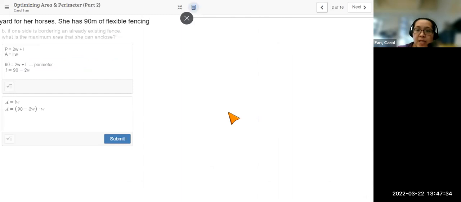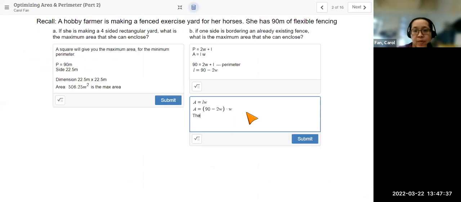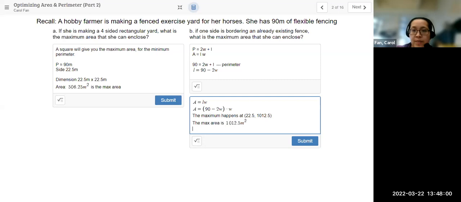So let's go back to answer our question. So we can interpret this as the max area is 1012.5 meters squared. And the dimensions, width is 22.5.